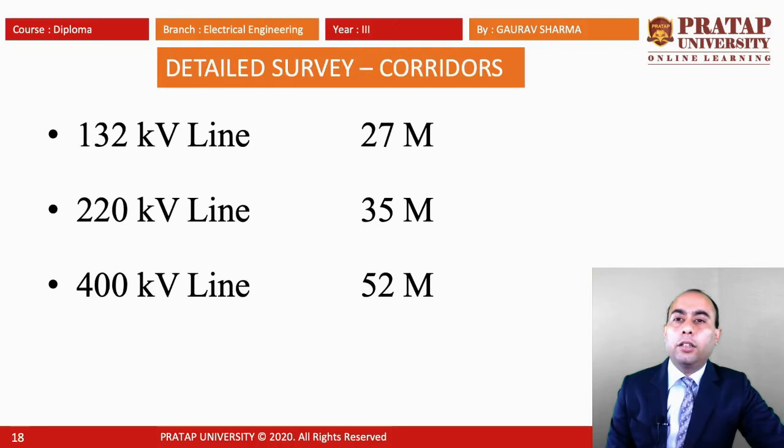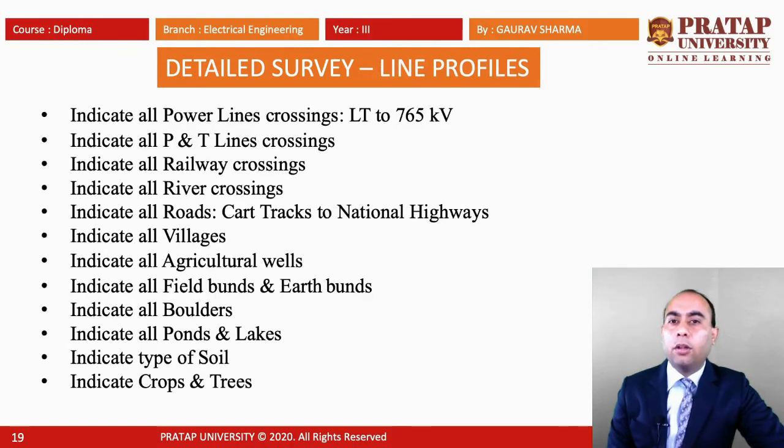Now the detailed corridors: the 132 kV corridor is 27 meters, 220 kV is 35 meters, and the 400 kV line is 52 meters. The line profile indicates all power line crossings, from low line up to 765 kV, all PNT line crossings, and all railway crossings.